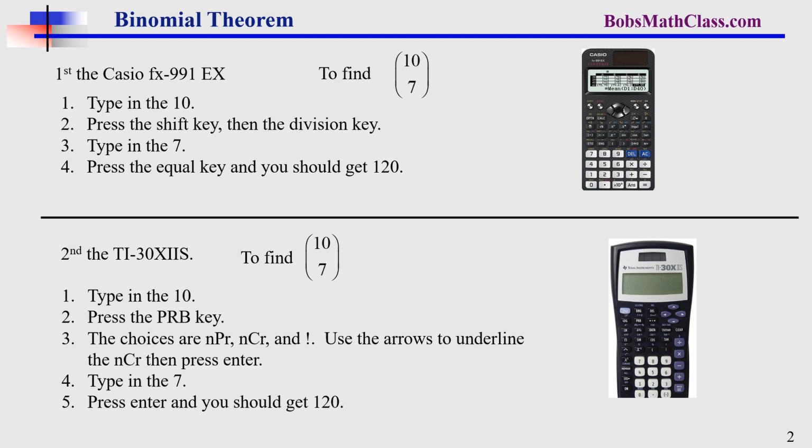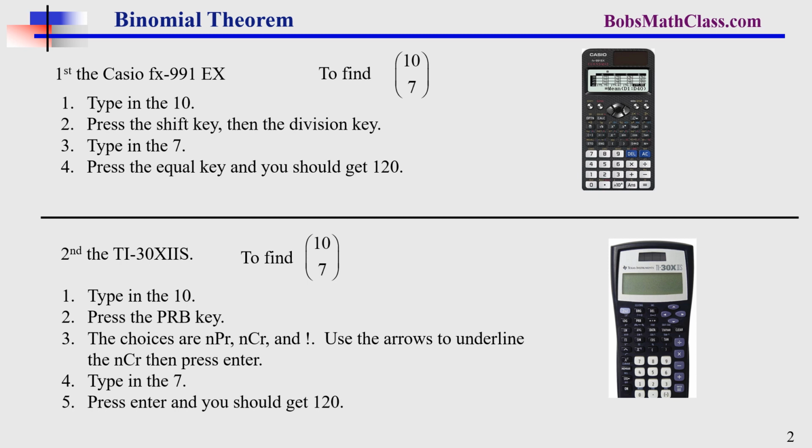So 10, shift, the division, and then 7, and on your calculator it should say 10 NCR 7. Then press equals and it'll give you 120. On the TI-30X2S, type in the 10, then you have a PRB button on your calculator. PRB stands for probability.